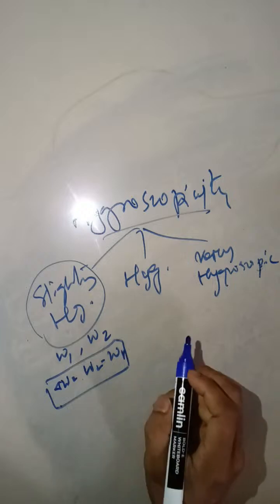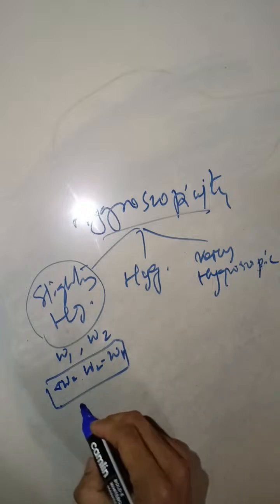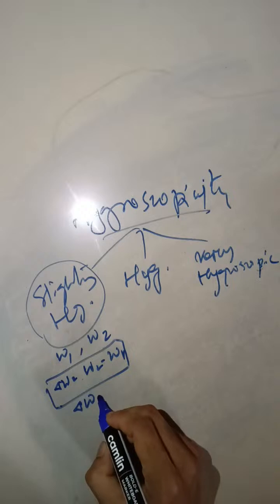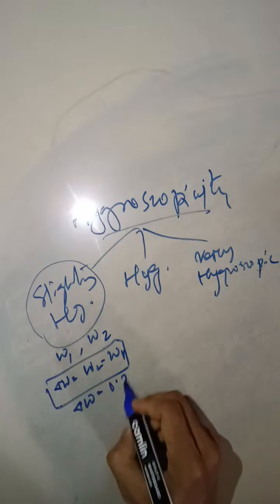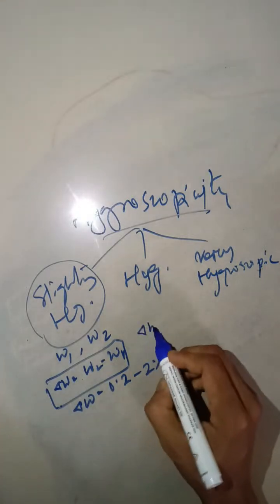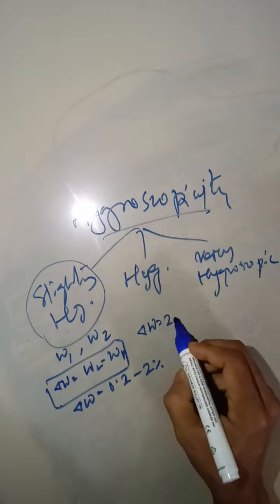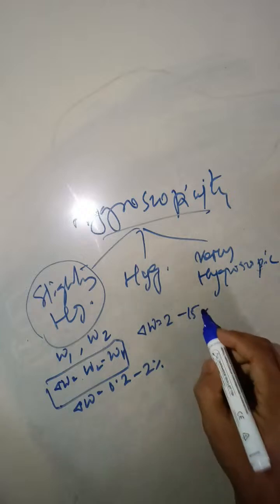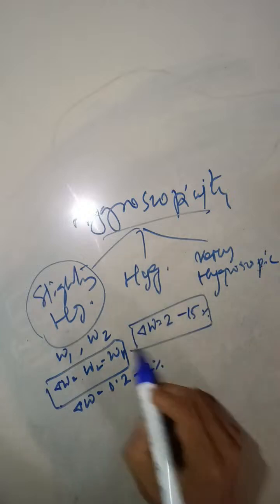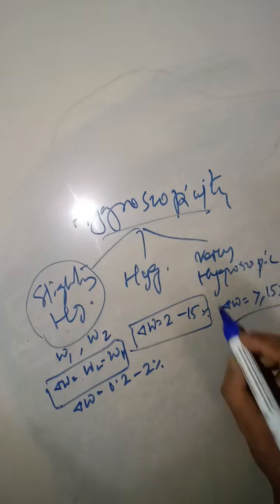If del W is in the range of 0.2 to 2%, then it is called slightly hygroscopic. If del W is 2 to 15%, it is called hygroscopic. Del W is the change in weight. If del W is more than 15%, then it is very hygroscopic.